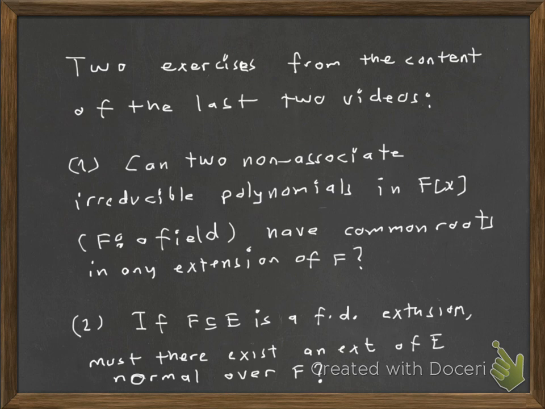Well, to give you a spoiler, the answer is no, but it's left to the viewer to prove this. Well, the second question is rather easy because we already gave the answer at the beginning of this video. But there's only one detail that needs to be filled in by the viewer.